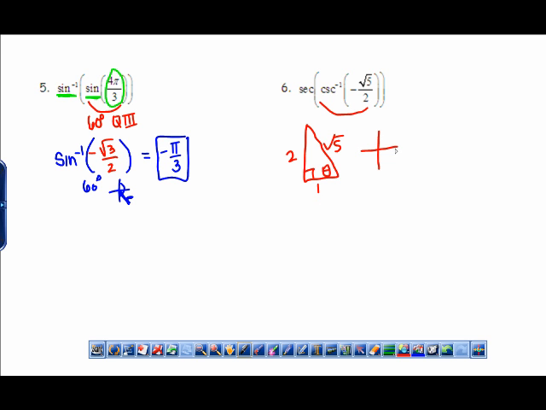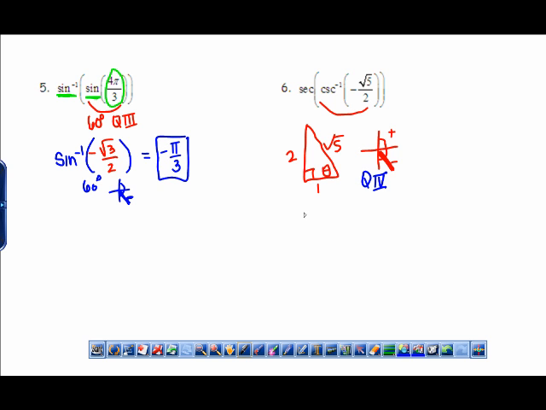You also need to make sure you know what quadrant you're in. Using principal value, even though I can't actually find theta, I still need to know what quadrant I'm in. So for arc sine and arc cosecant, if the ratio is positive, I get to stay in quadrant 1. But since the ratio is negative, I need to move to quadrant 4. So then when I move to the second part, recognize you're in quadrant 4 now.